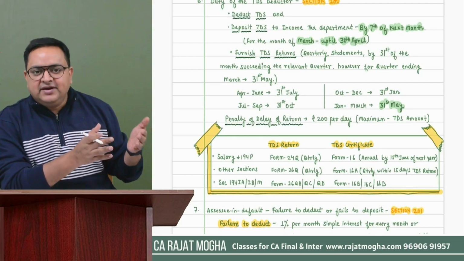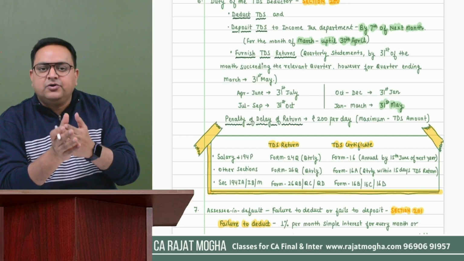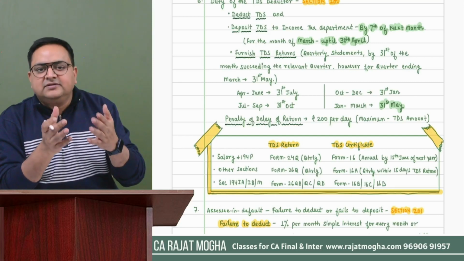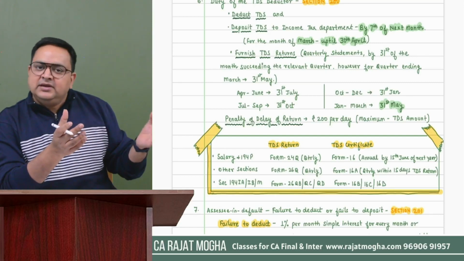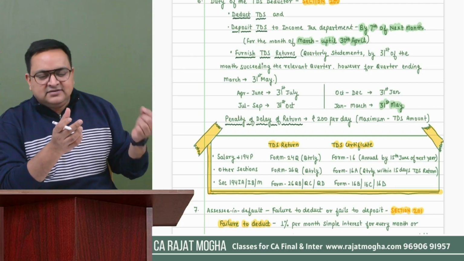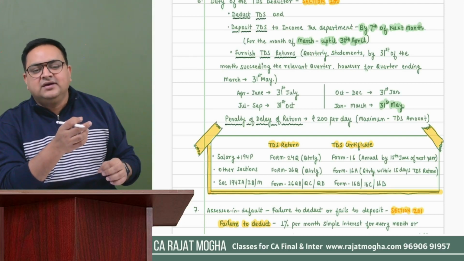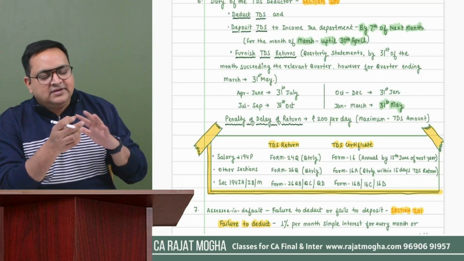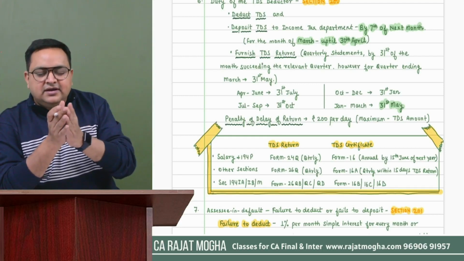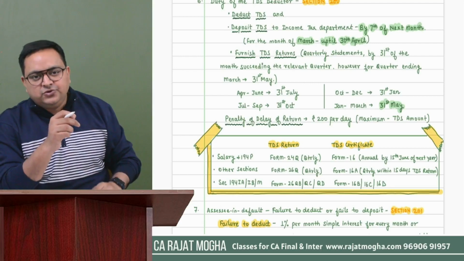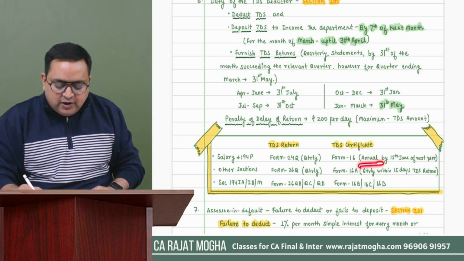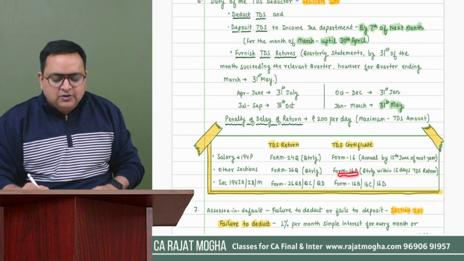When you're working somewhere, let's say your parents, brother, sister or cousin, they get salary every month and their TDS is deducted every month, but they don't get Form 16 every month. Form 16 is an annual affair. Once the year is over, your employer will issue you Form 16. But other forms are on a quarterly basis.